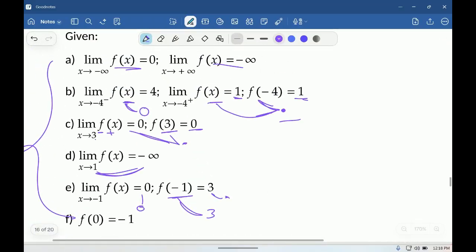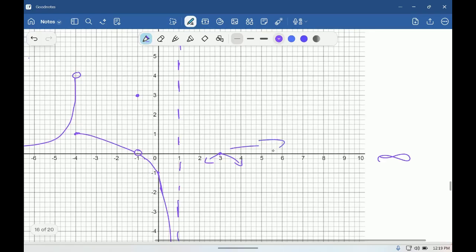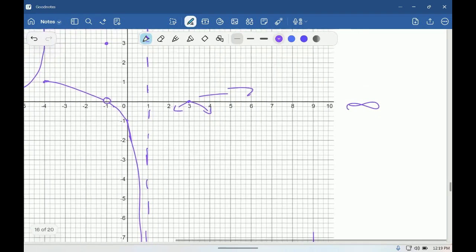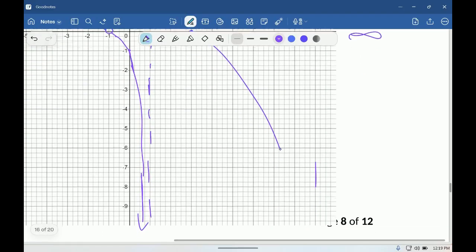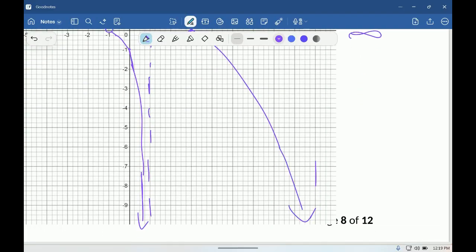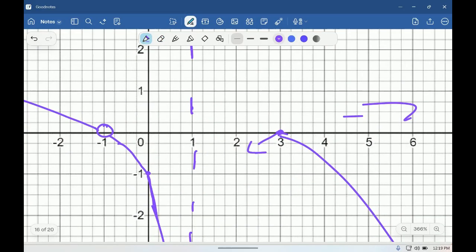And then for property C, we know that this limit is going to go to positive infinity, so it's going to go down to negative infinity. And this one is coming from the left.